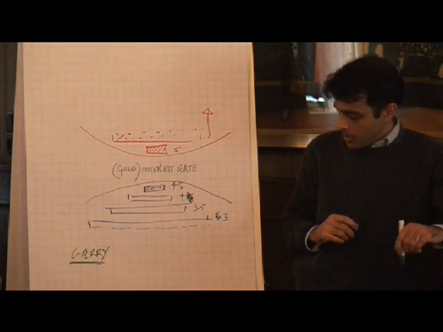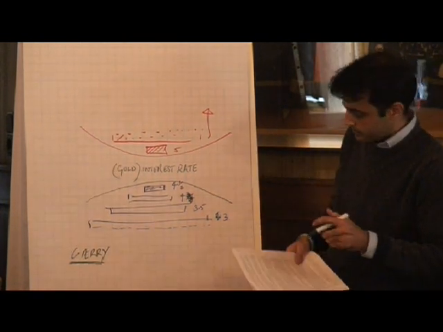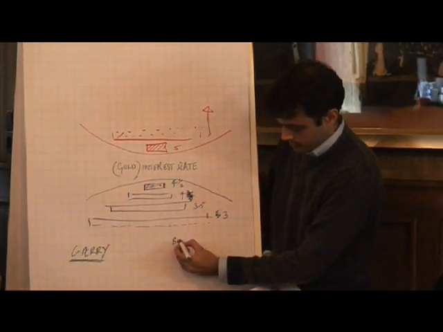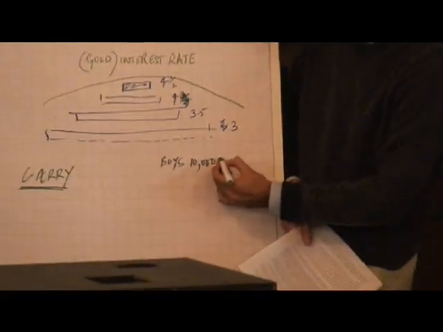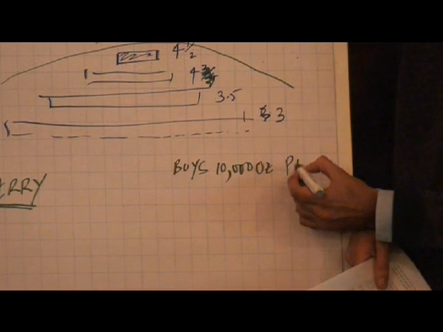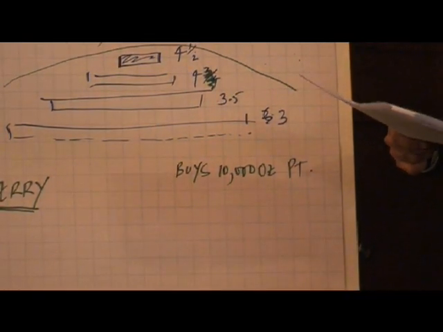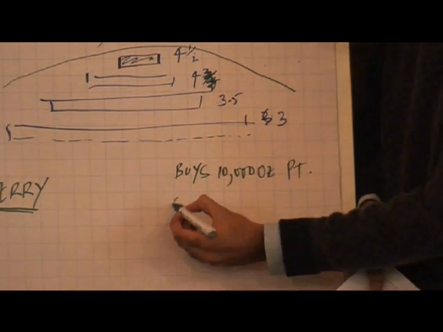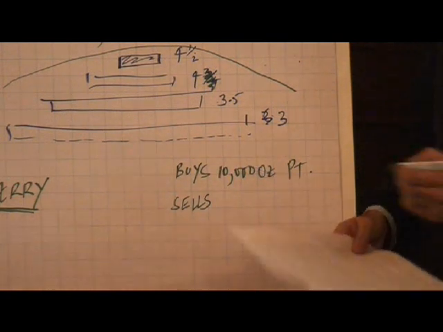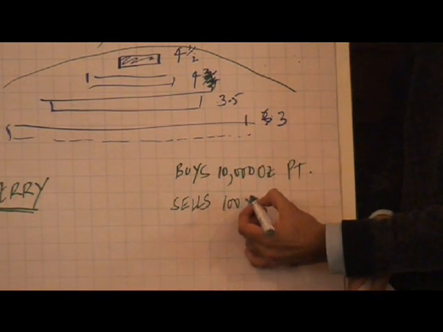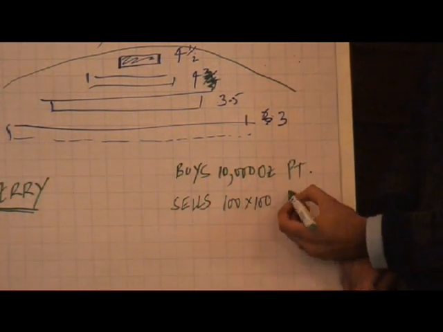So let's say he buys 10,000 ounces of platinum and sells 100 ounce future contracts.